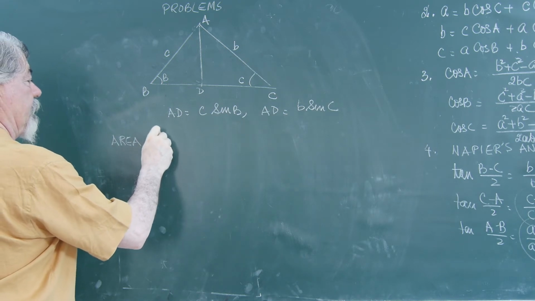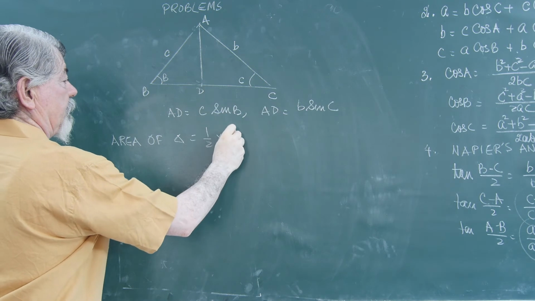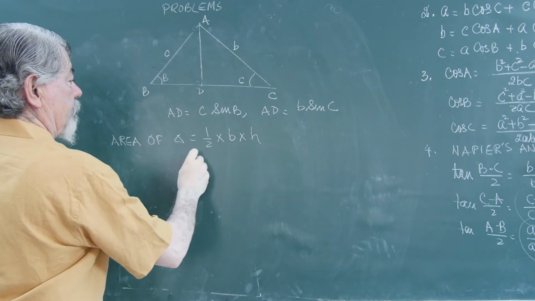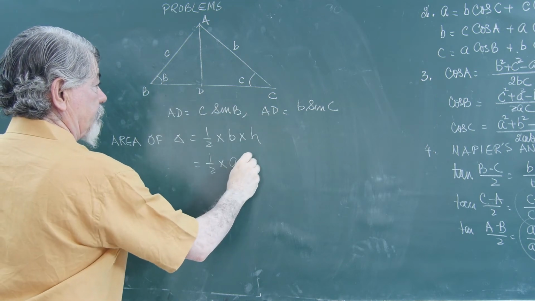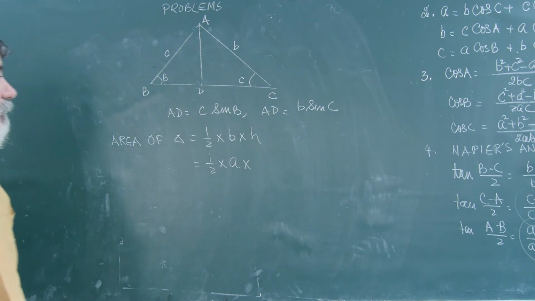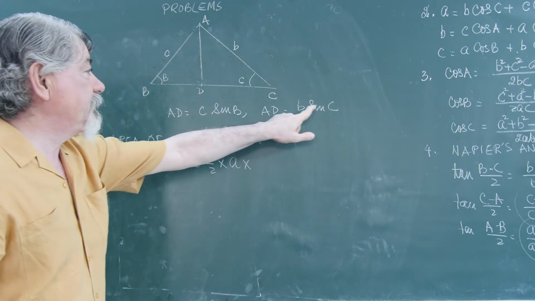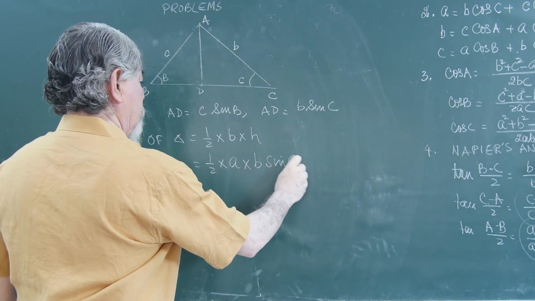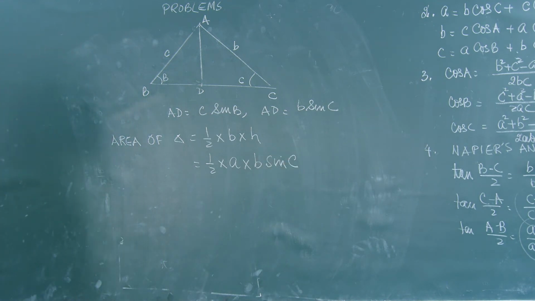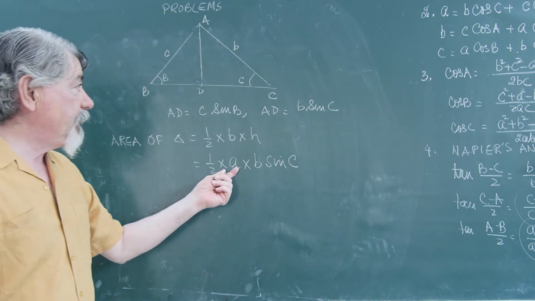Area of triangle is half base into height. Base here is BC, which is a, into height, and the height I can write as b sine C. So it can be half a b sine C. Area of triangle can be half ab sine C.